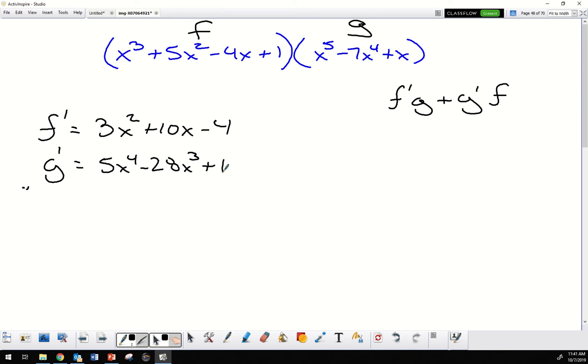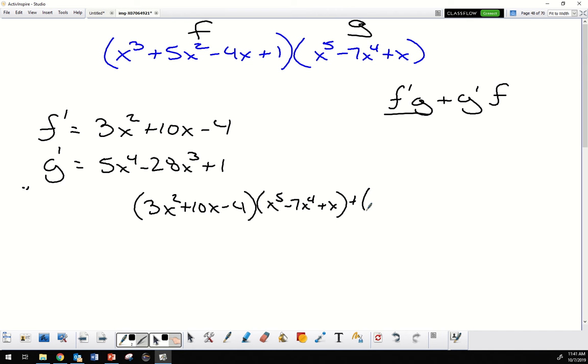So from here, I'm going to go through and just plug in f prime g plus g prime f. So f prime g means it's going to be 3x squared plus 10x minus 4, there's my f prime, times the g, which is x to the 5th minus 7x to the 4th plus x. So that's all of this right here. Plus g prime f.